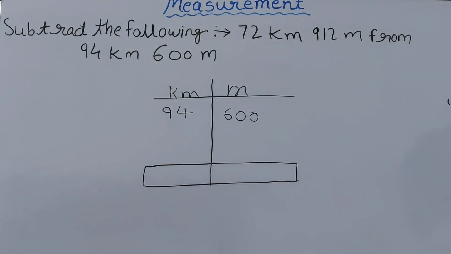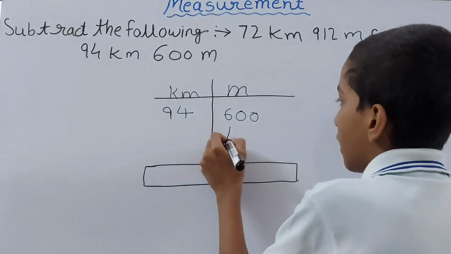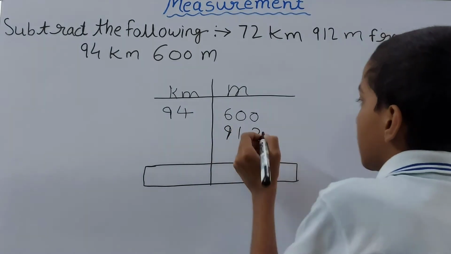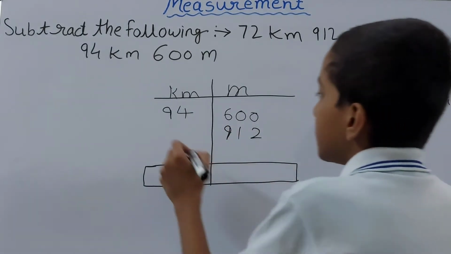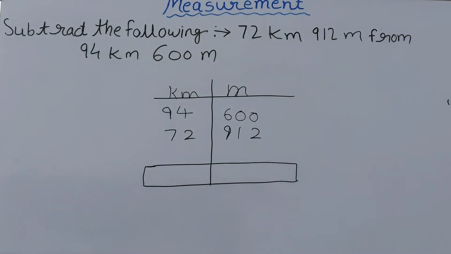Now let's write the next number. So it is 912 meters and 72 kilometers. So friends, here you see that we have written and separated the units and their numbers.